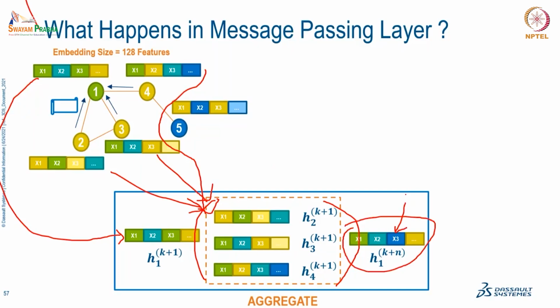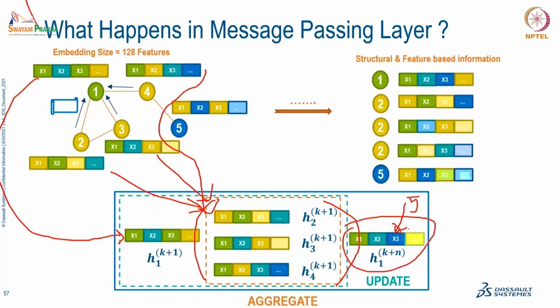There might be some feature that might be affecting the structure of the graph. So this node now, the first one has also got information about something blue. Also for the green, green is itself and yellow is its neighbor.